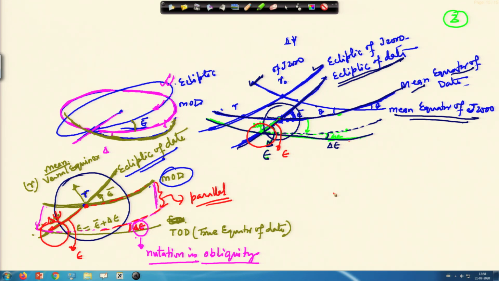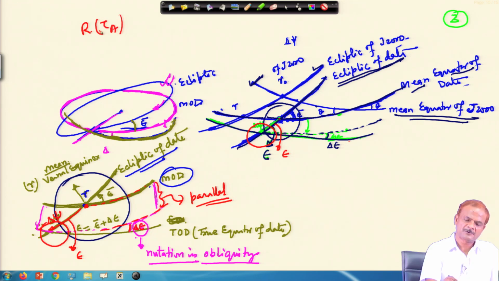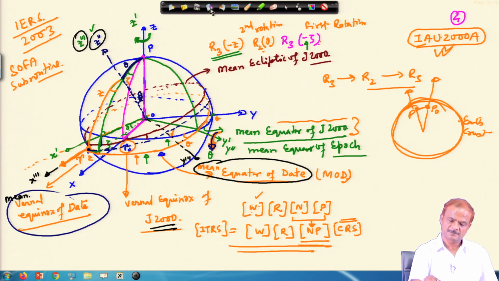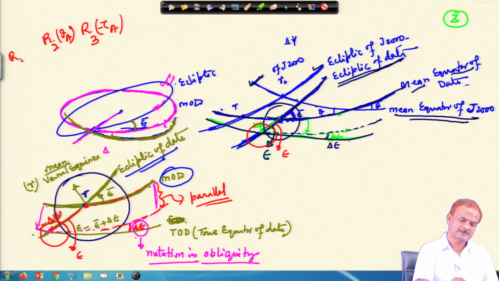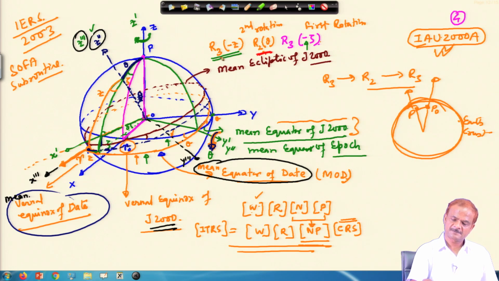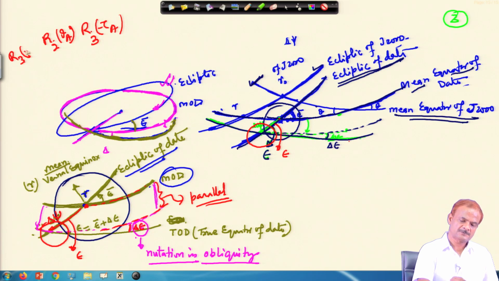If you saw it on the paper, there it is just written r zeta a. Do not go by that, because we have given first the negative rotation about the third axis, and then we gave the rotation about the two axis by theta A. Then again we are giving the third rotation about the z axis by minus z.